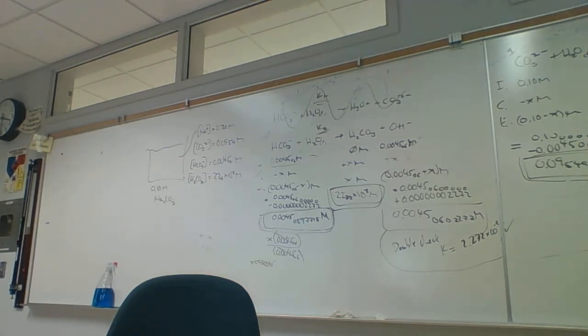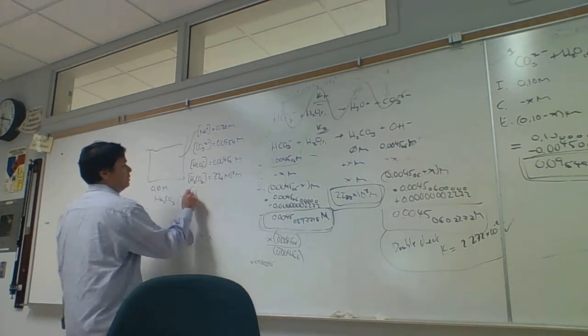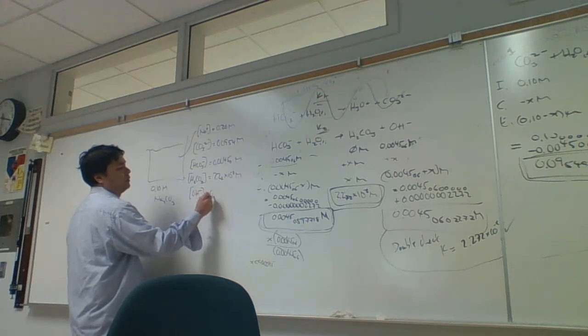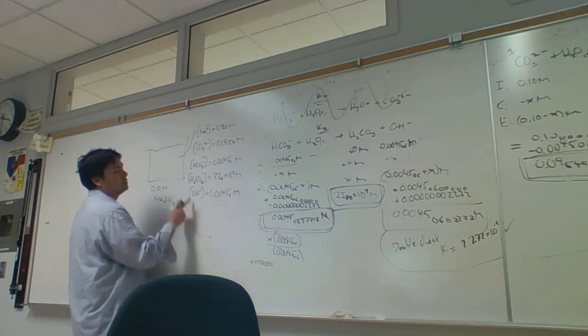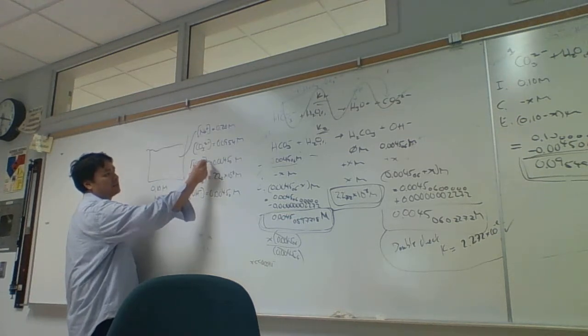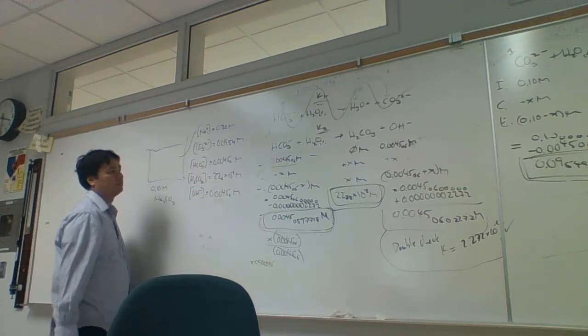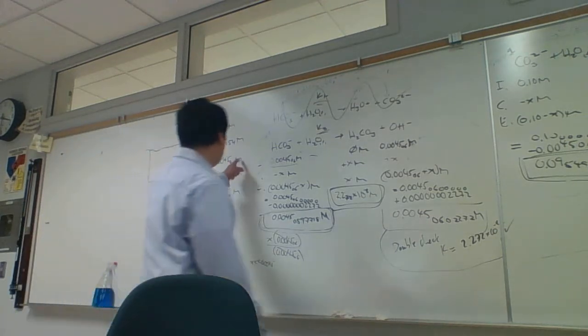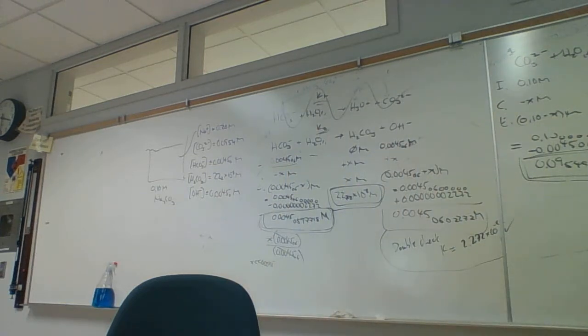And so in the end, the hydroxide comes out to 0.00450 molar. And so this is slightly more, this is slightly less. And they aren't exactly the same. And so this would be the end line of hydroxide.